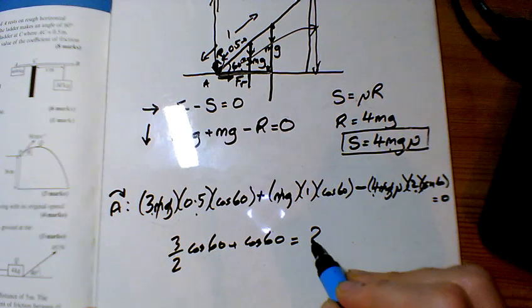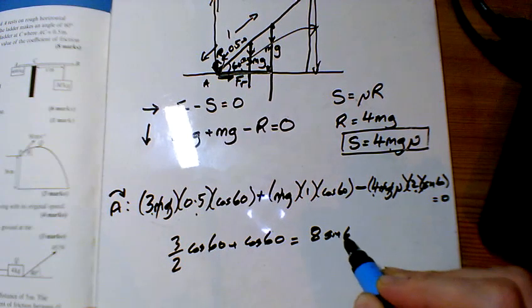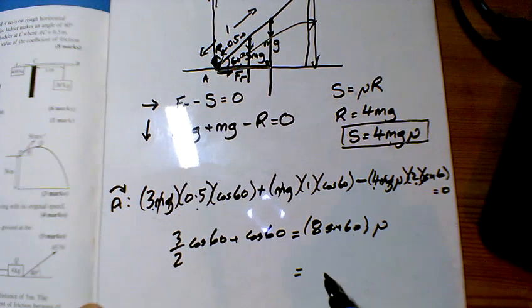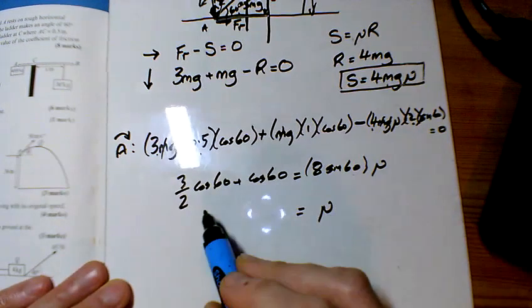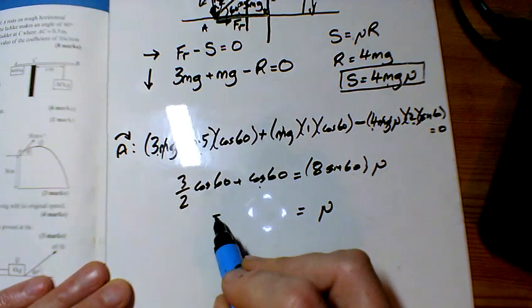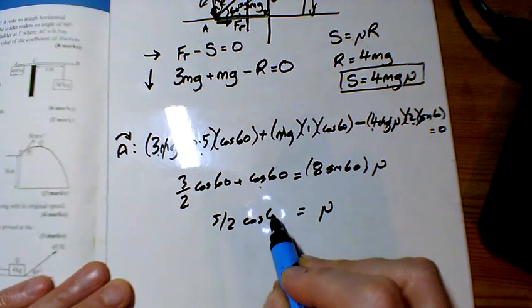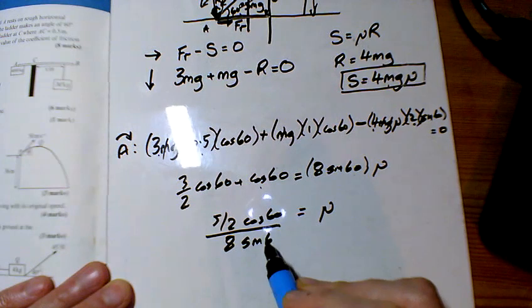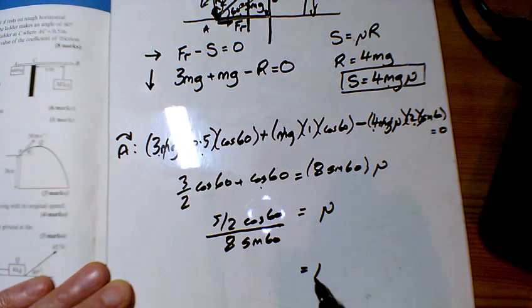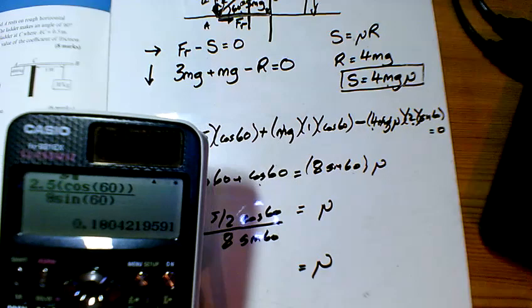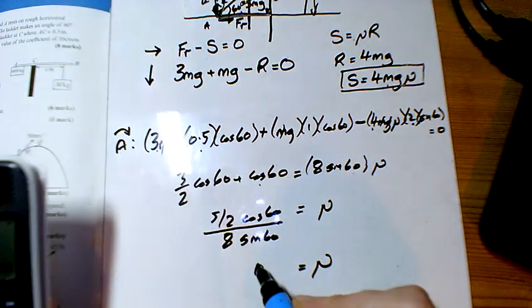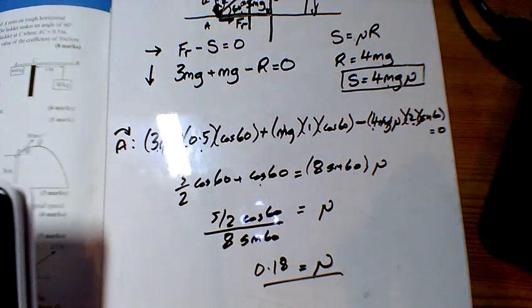I've got 8 sine 60 times by the mu that I'm trying to find. And so what's mu going to be? Add those two together. So I've got 5 over 2 cos 60 divided by 8 sine 60. Let's tap that in. So putting that all in, I'm getting 0.18 as my mu.